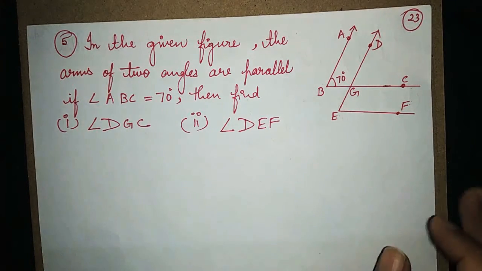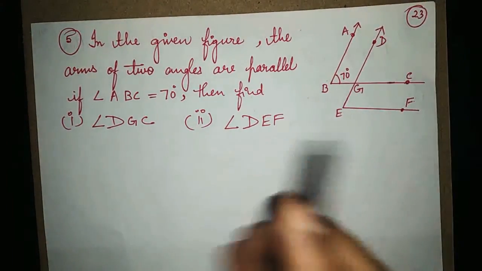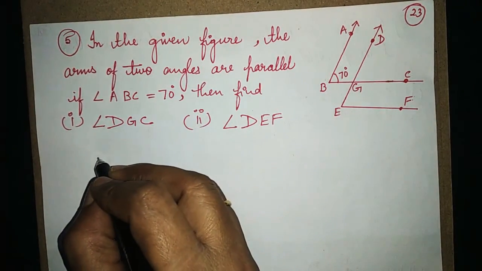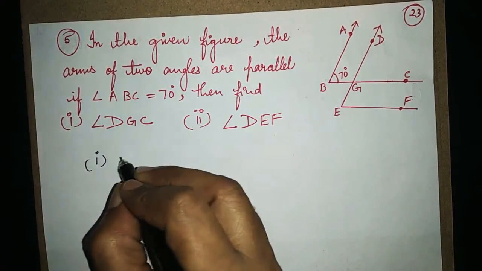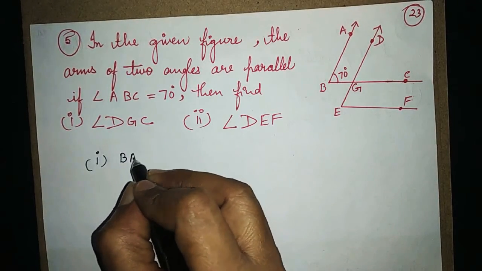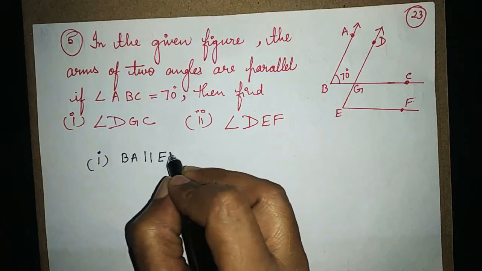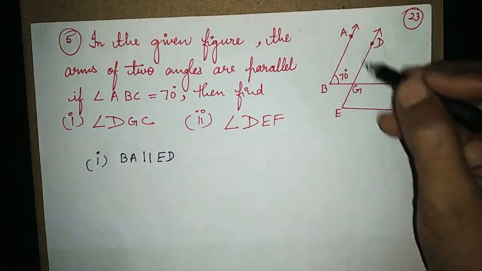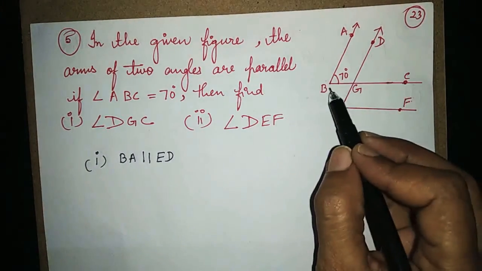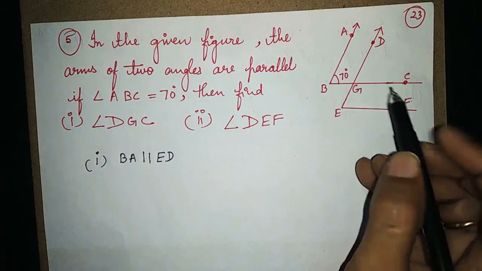Okay. For this, here we will write BA is parallel to ED and BC is a transversal.